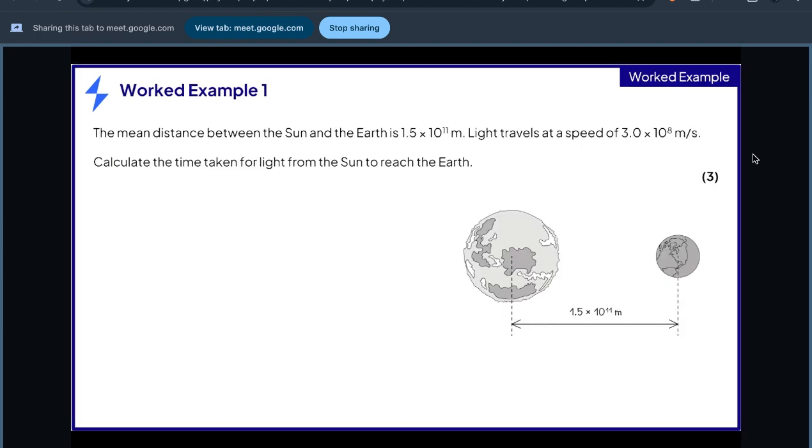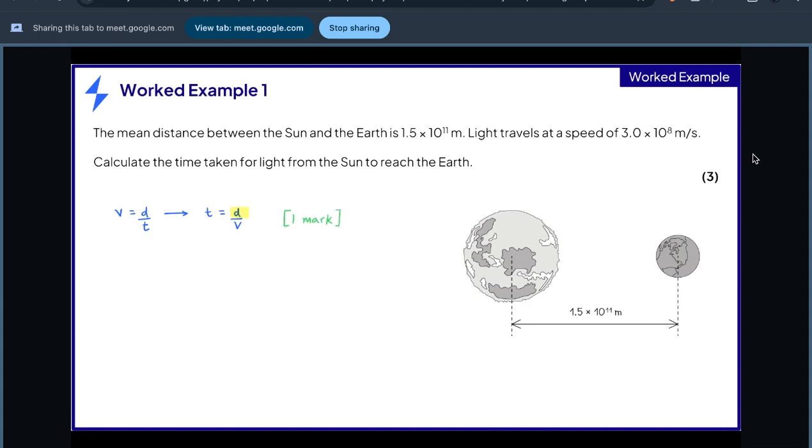Let's put this into practice. The mean distance between the Sun and the Earth is 1.5 times 10 to the 11 meters. Light travels at a speed of 3 times 10 to the 8 meters per second. Calculate the time taken for light from the Sun to reach the Earth for 3 marks. To calculate the time, we rearrange the equation speed equals distance over time to give time equals distance over speed.